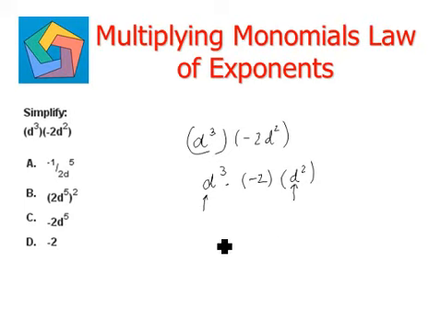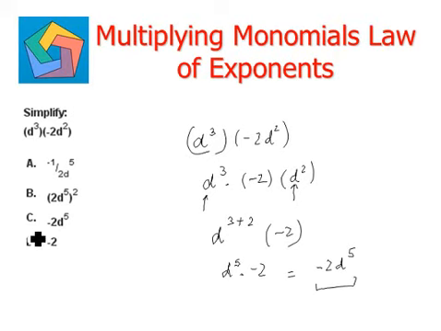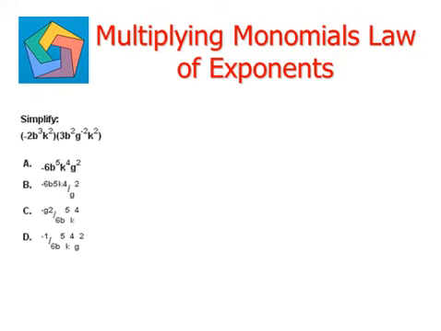So we simply add up the powers and write down negative 2 here. D to the power of 5 times negative 2. This can be written as negative 2 d to the power of 5, which is option C, the correct answer. Let's look at the next example.